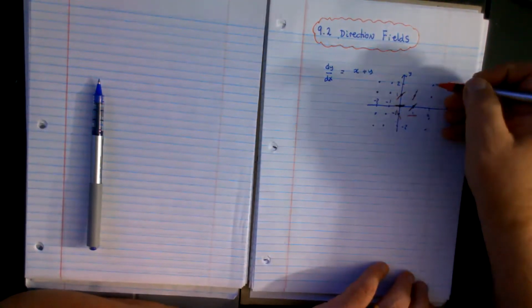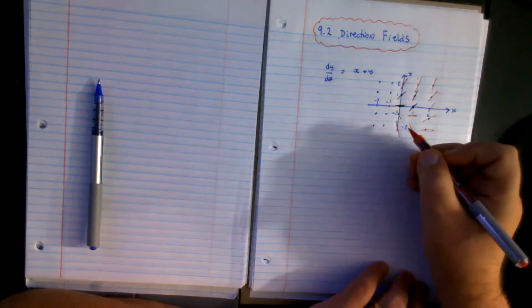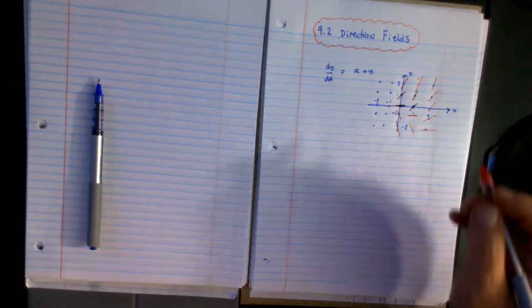For instance, this one here is 2, 2, would be a slope of 4, and this one would have a slope of 3, and this one a slope of 2, and a slope of 1, and then 0, and this one would go to 1 there, be even steeper. That one there, then you'd go negative a bit, even more negative, even more positive, and so on and so forth. When you are finished, you would have what is called the direction field.